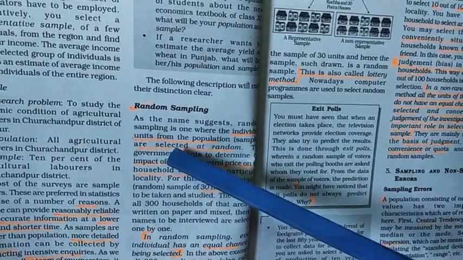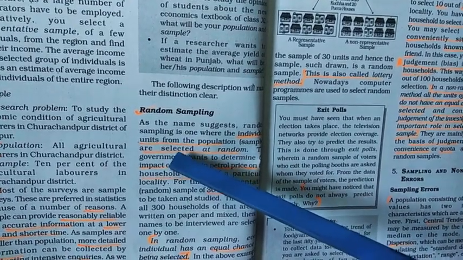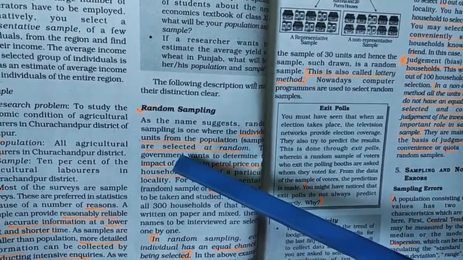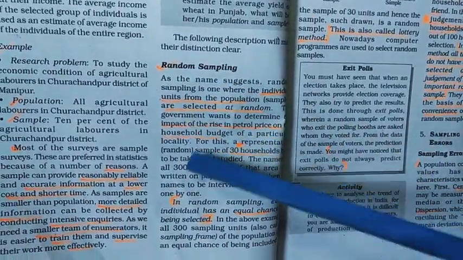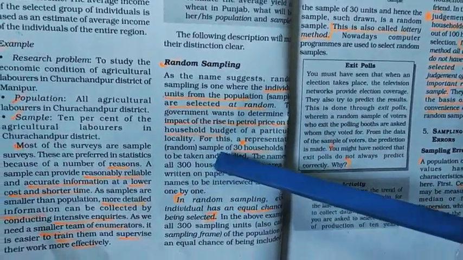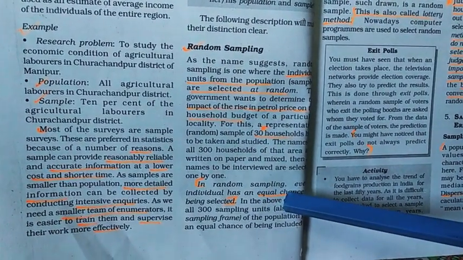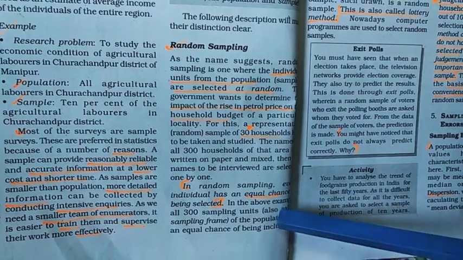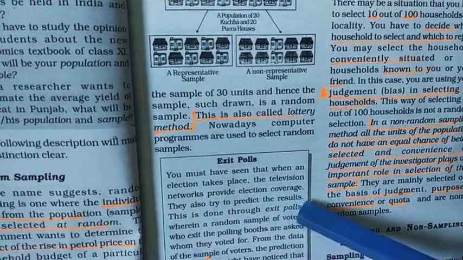There is no bias. There is nothing behind your selection of the particular individual. It is purely at random, and everyone in the population has an equal chance of being selected for the sample survey. So in random sampling, every individual has an equal chance of being selected, and that is why it is also called the lottery method.